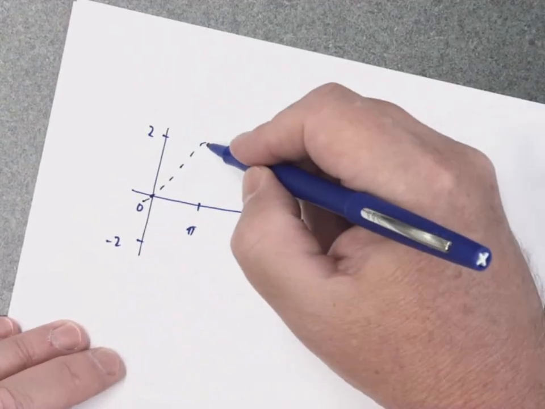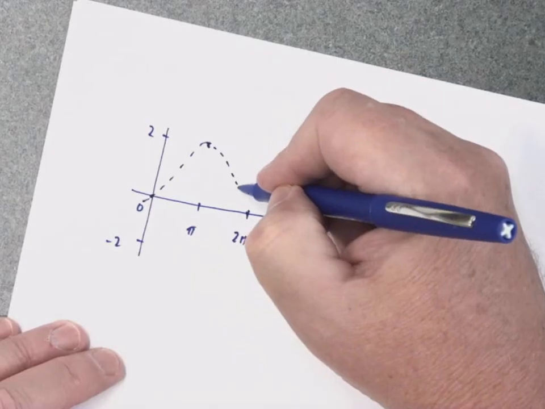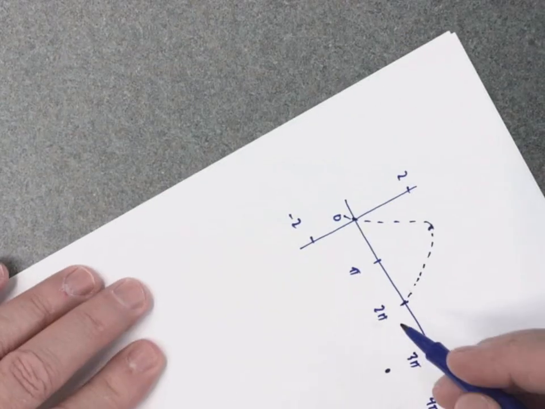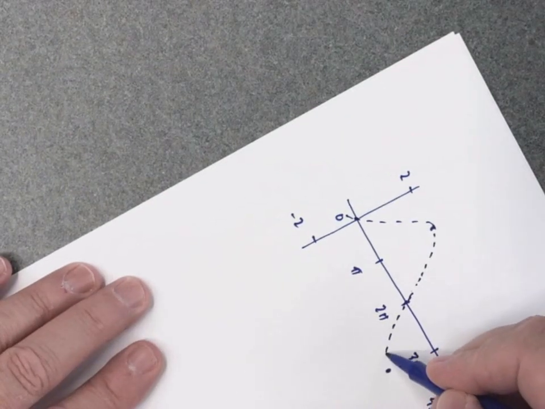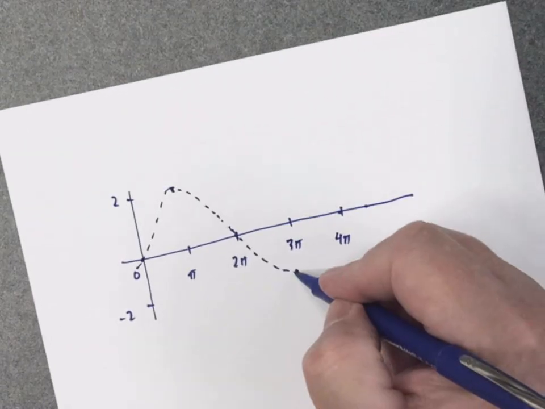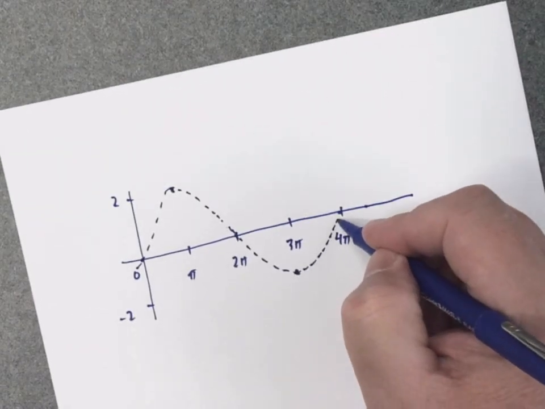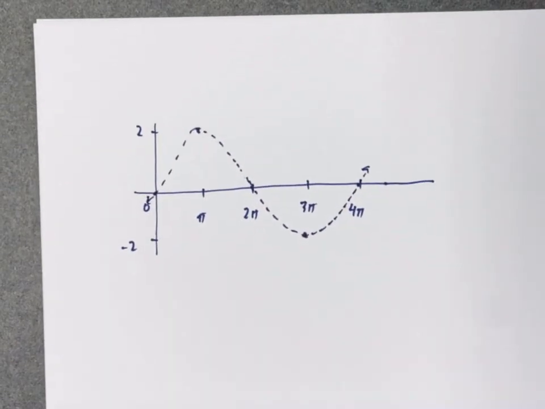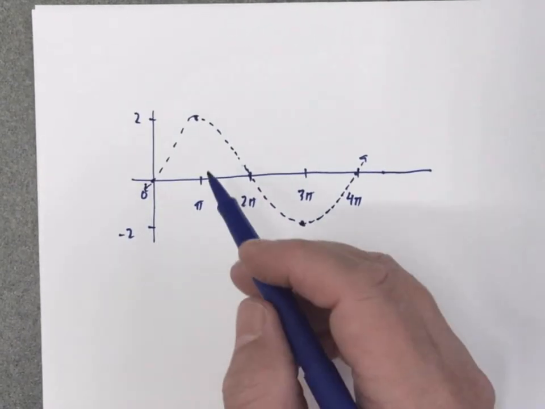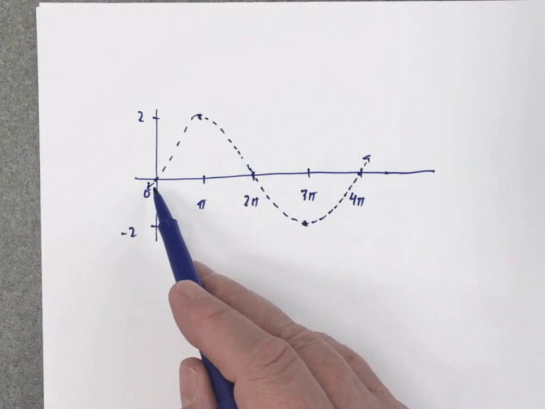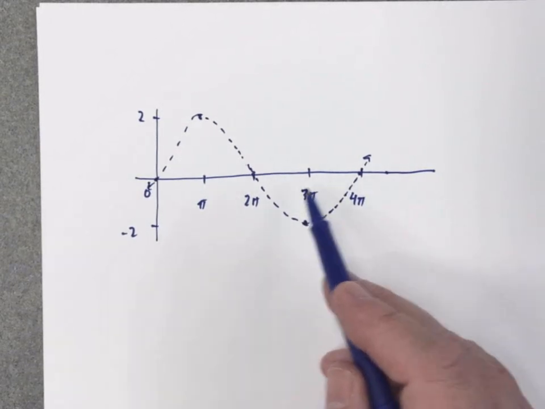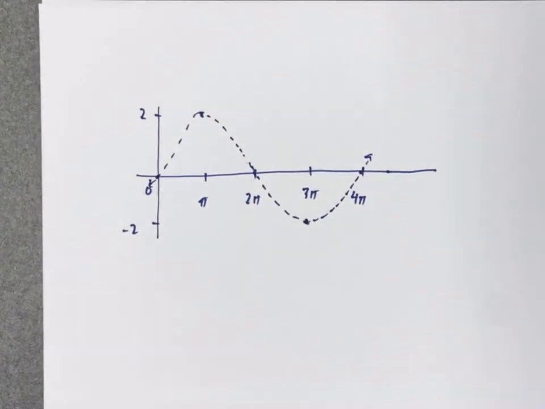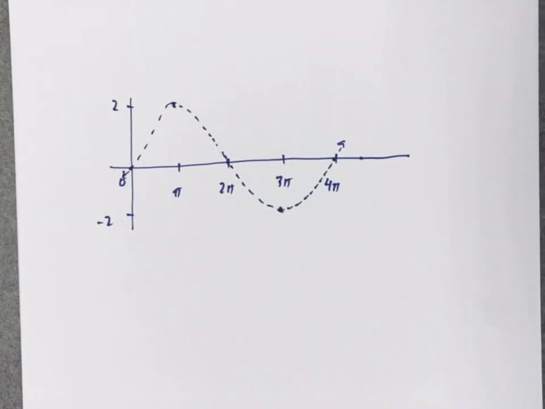So once again, I'm going to do it in a dashed line because this is what I call the no phase shift trig graph. So you can see the amplitude is 2, period is 4 pi. This is the sine wave, no phase shift.